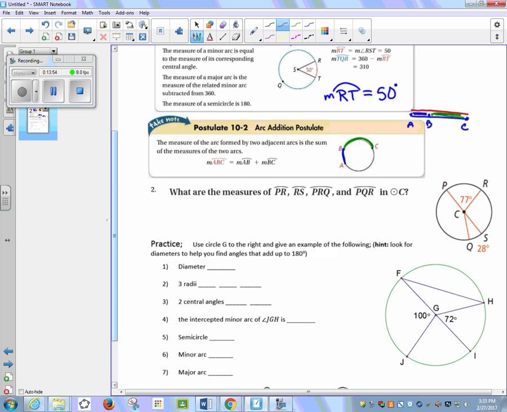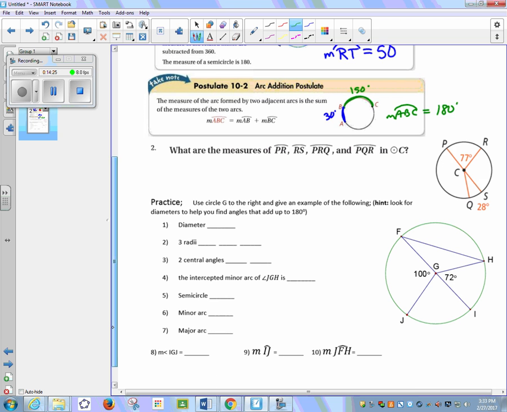So if it was 2 here and 5 here, the whole thing would be 7. Just imagine wrapping that around a circle. If this arc is 30 degrees and this green arc is 150 degrees, then the whole arc ABC would be 180 degrees, adding 30 plus 150.